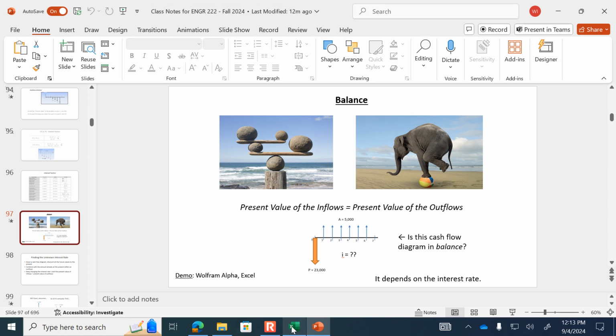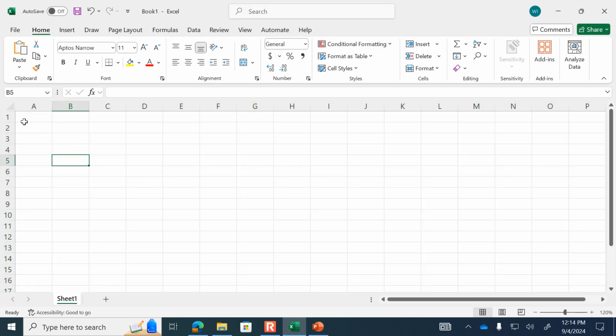The other way to do it, with Excel, we can say we're going to have some guess of what the interest rate is. I don't know as I start, so maybe it's 1%.